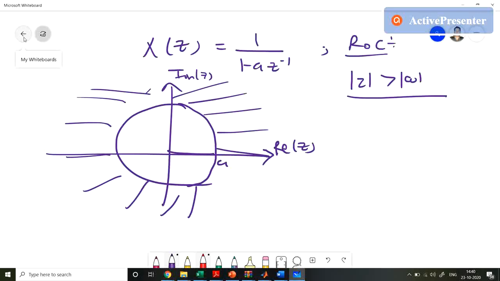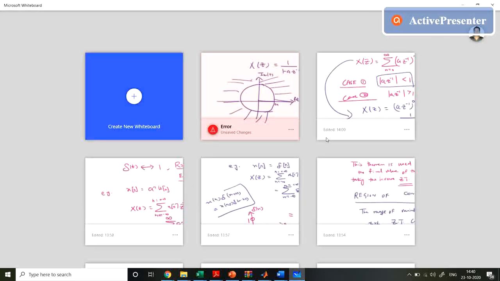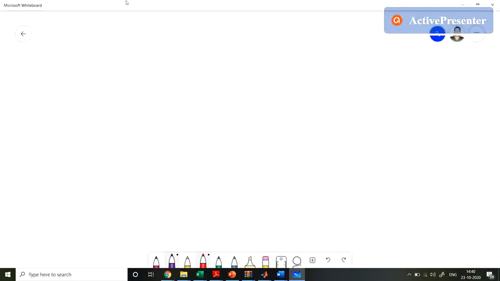Let us do the z transform of some basic sequences. Let us do the z transform for this sequence, that is, x[n] is given as 5, 3, minus 2, 0, 4, 3.